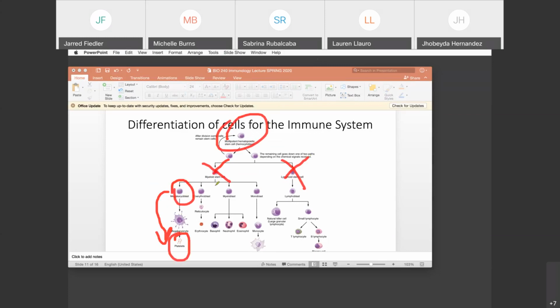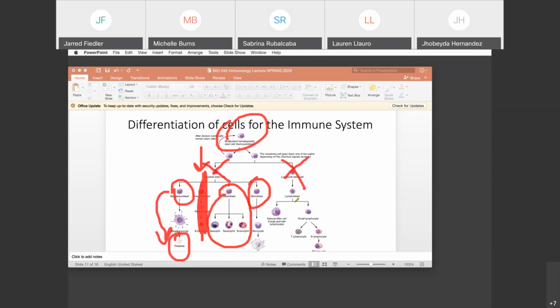Don't worry about this for this chart. For the red blood cells, just know that your spleen and your bone marrow have some involvement, with the red bone marrow, just know that. But for this particular chart, don't worry about this. Know these, and then know this for that part.